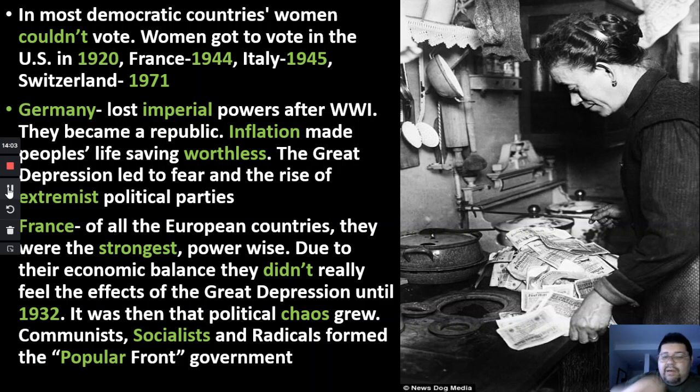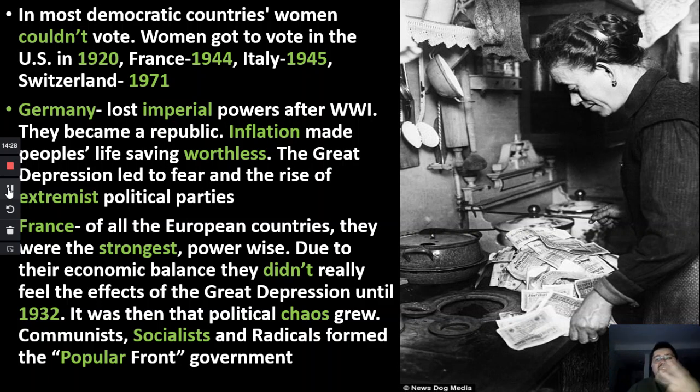Okay. Now, France, of all the European countries, was actually the strongest. They were a little bit wiser with their money and their power. But even they felt the effects of the Great Depression. They couldn't hold out forever, and they didn't feel the effects until 1932.